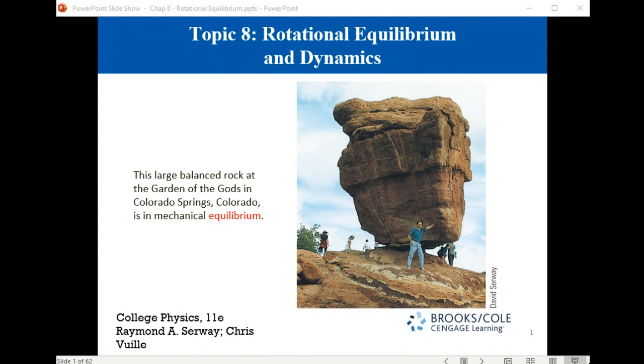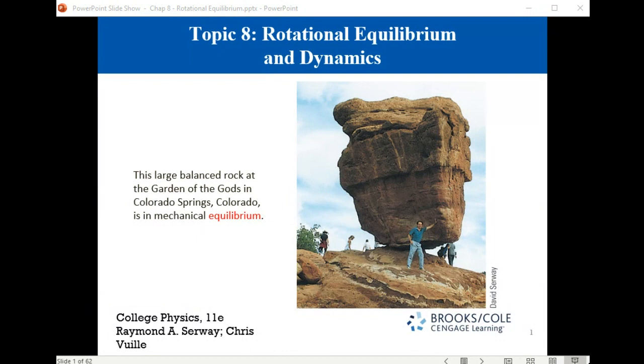We did the same for rotational motion. In Chapter 7, we learned the kinematics for rotational motion, and in this new chapter, we are going to learn about the dynamics. That is to say, we will take the cause of the rotational motion into the picture.